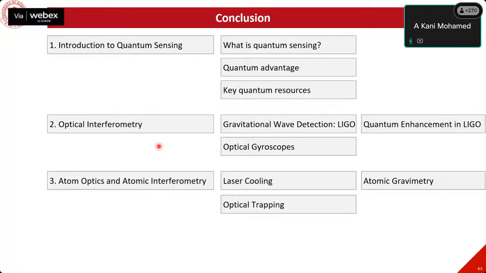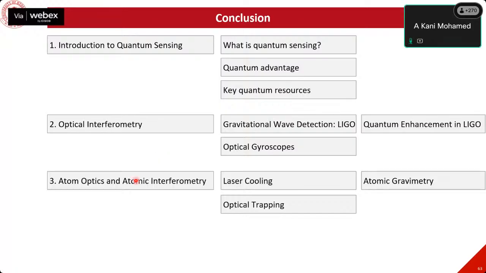Similarly, we can use atoms or matter waves to do interference to measure something like acceleration, gravitation, or force that is actually experienced by the atom and causes the phase difference on the matter wave.